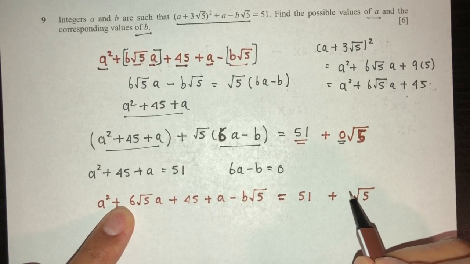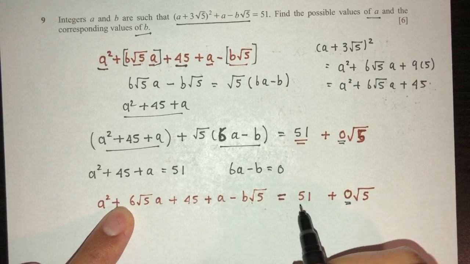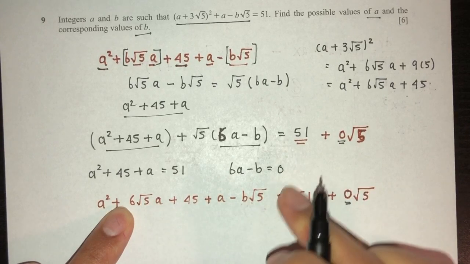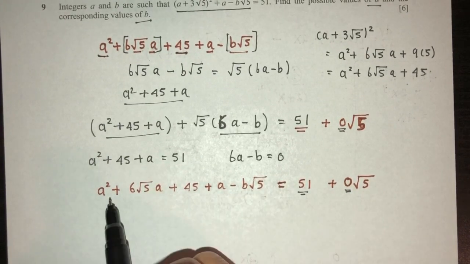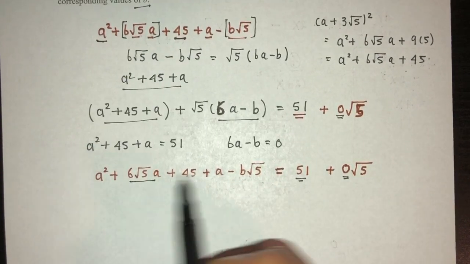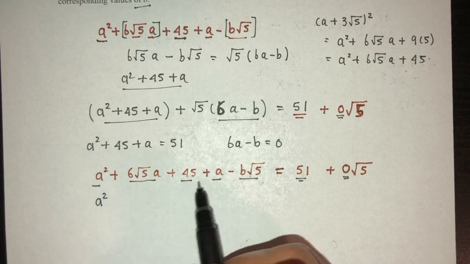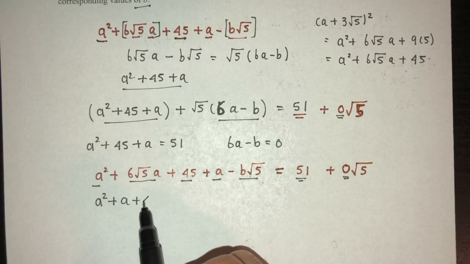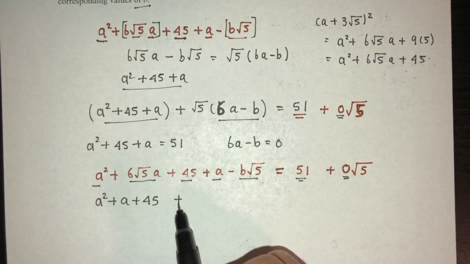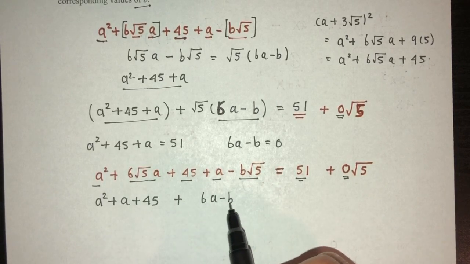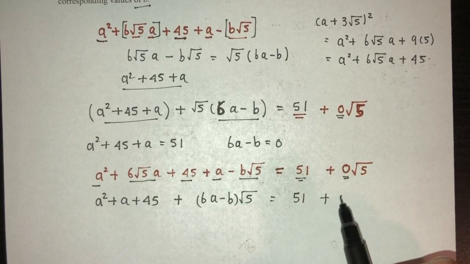It means that the coefficient must be 0 for root 5. So something happened here to give you 51 for the constant, and the root 5 just disappeared. Now let's simplify this. Let's group all the root 5s together and all the other things together. So here you will have a squared plus a plus 45 for the constant, and for the root 5 together you will have plus (6a minus b) root 5 equal to 51 plus 0 root 5.